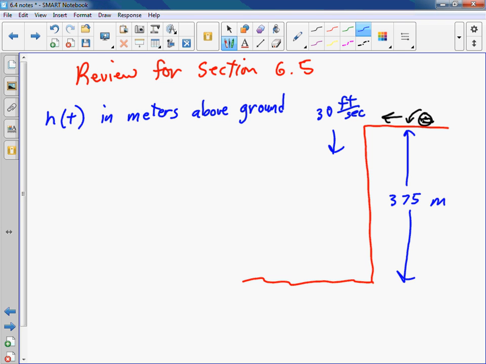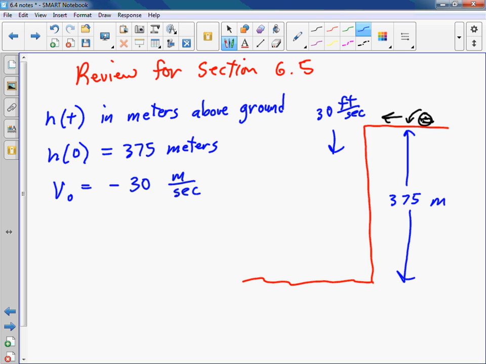Okay. So we'll say that h of 0 at time 0 equals 375 meters. So we're starting at the top, and that height will get smaller as we get closer and closer to the ground. So then v sub 0 in this case will be negative 30 meters per second.